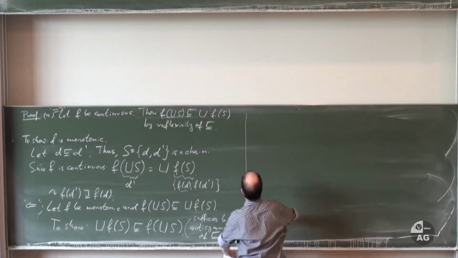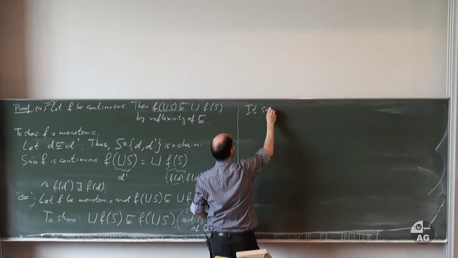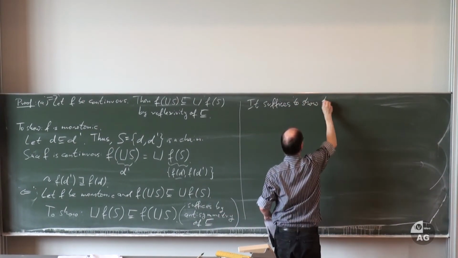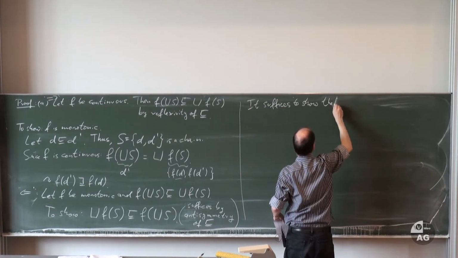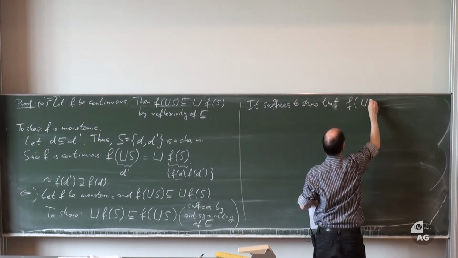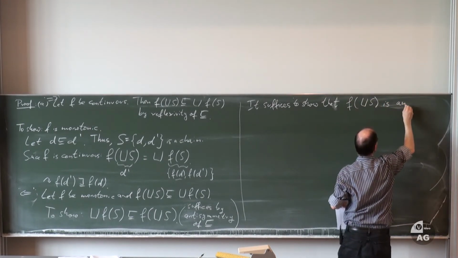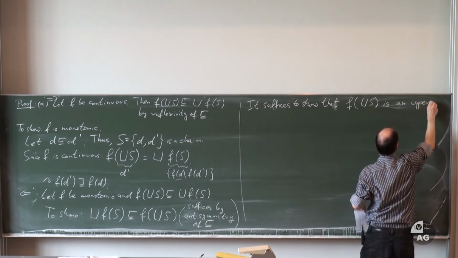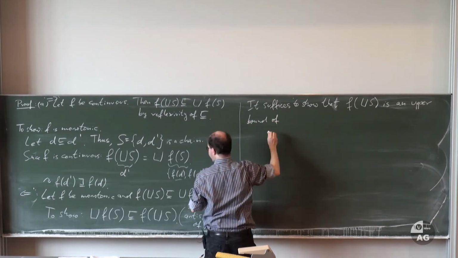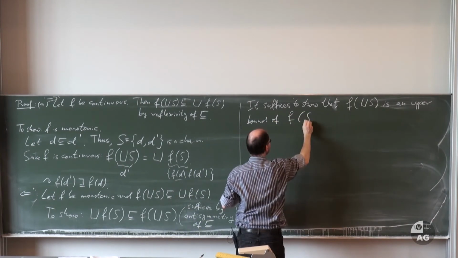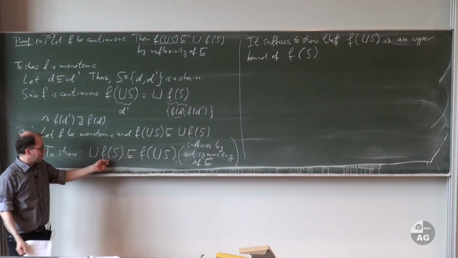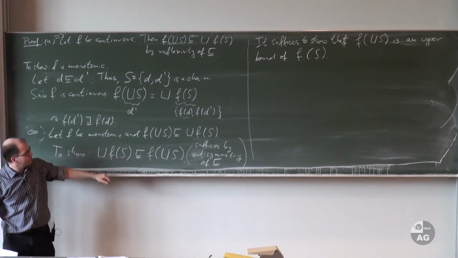So it suffices to show that f of least upper bound S is an upper bound of f of S. Because if this is an upper bound of f of S, then the least upper bound of f of S must be smaller or equal.